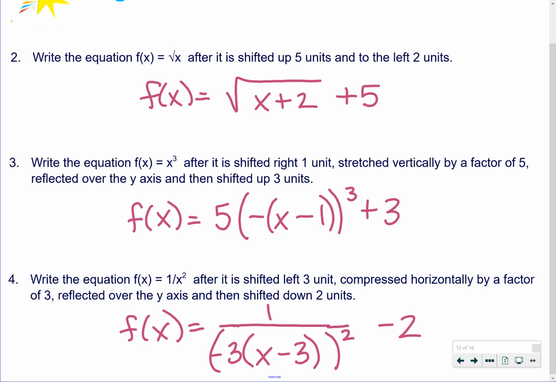Any questions on those? Okay, remember in Math Excel, if there's that number in front of the x, you may have to distribute it in before you type your answer. Save you an attempt, maybe.